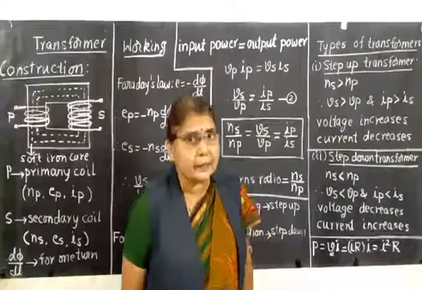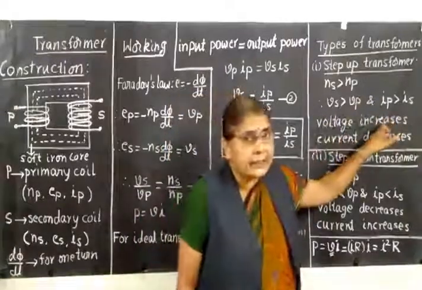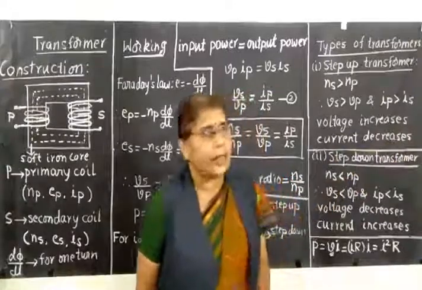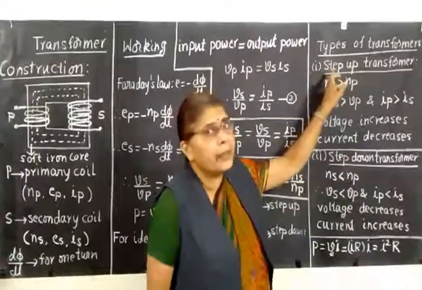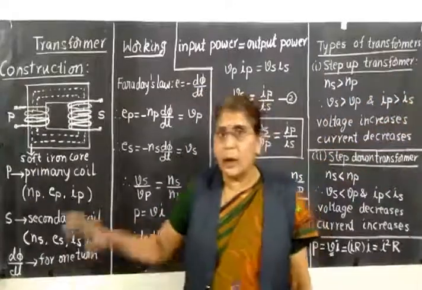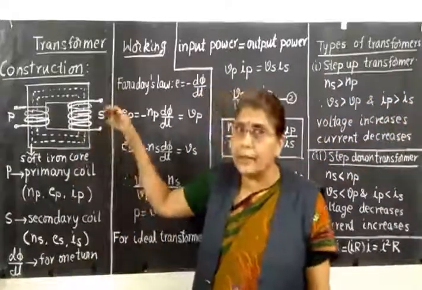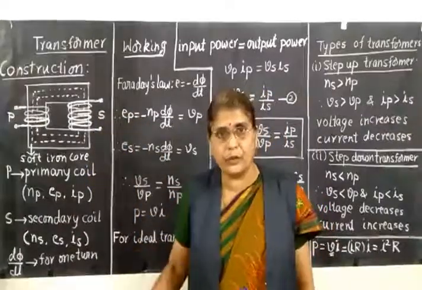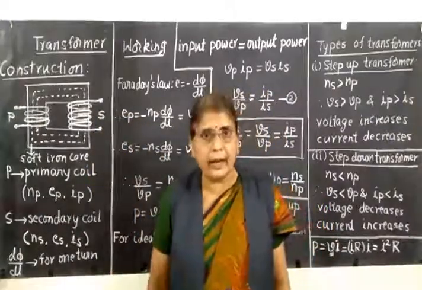The meaning is, if the voltage increases, the current decreases. And such a transformer, we call it what transformer? A step-up transformer. If you increase the voltage, you will be decreasing the current. You cannot increase both. You have to increase only one. If you increase voltage, current will decrease.